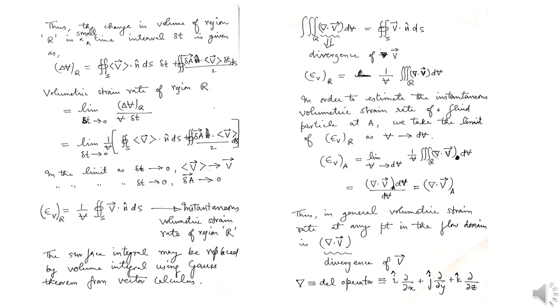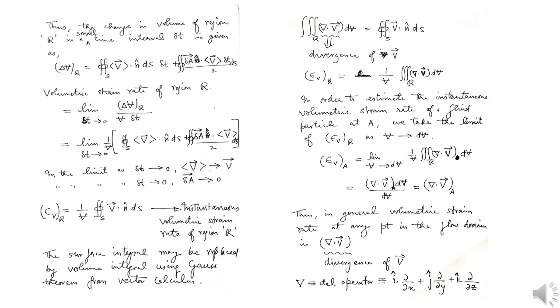So V goes to dV. So if that happens, let us see, the limit is very elegantly found. Limit V goes to dV, 1 by V, the expression whose limit is being sought.